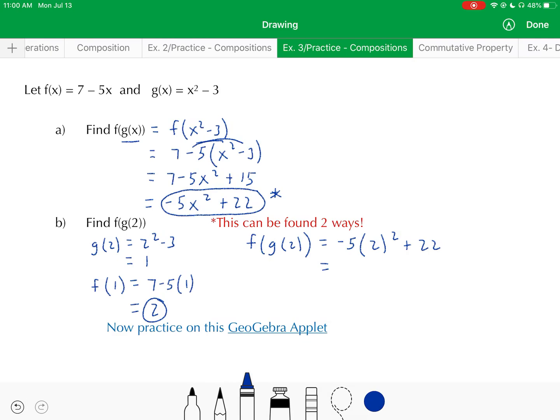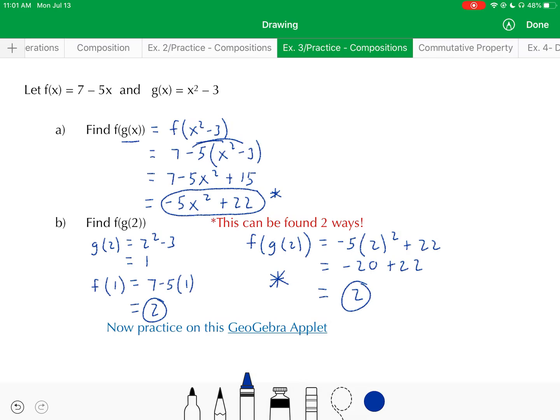Simplify: 2 squared is 4, 4 times -5 is -20, and we end up with 2 as well. So you get the choice of which approach you want to take. I would say only take the second approach here if you had first been asked what we were in part A.